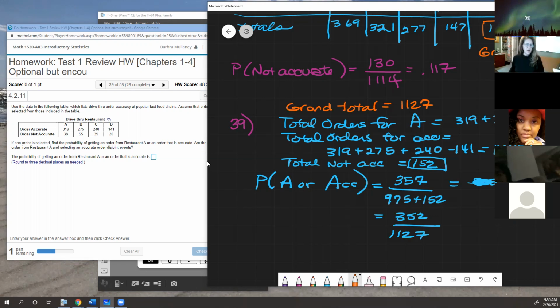So the probability of getting an order from A is 357 over the grand total of 1127. Now the probability of getting an order that's accurate is 975 over the grand total, right? But we had overlap, right?